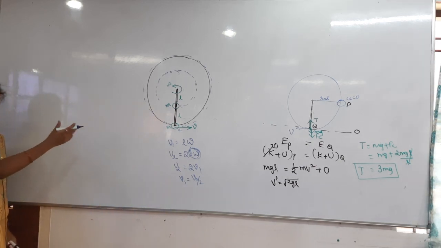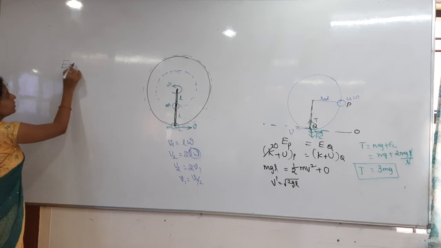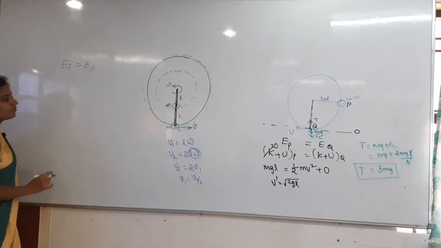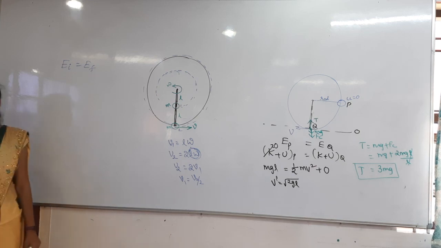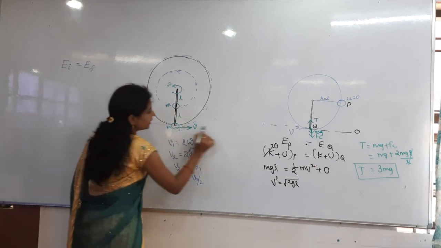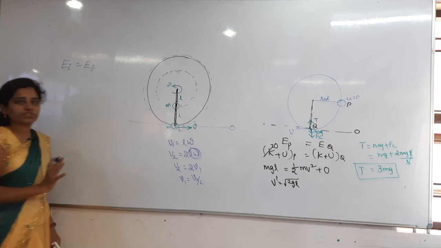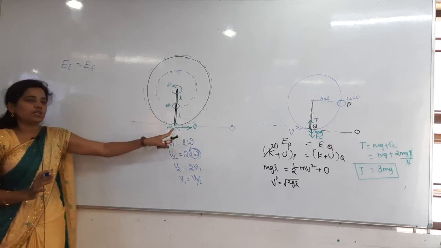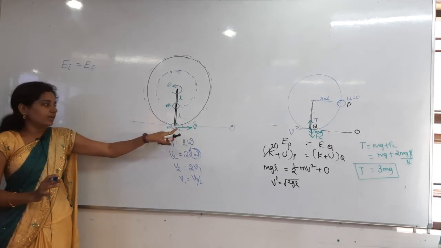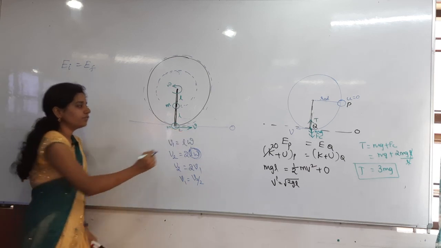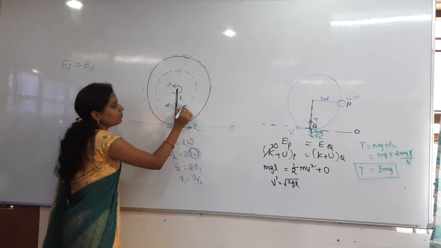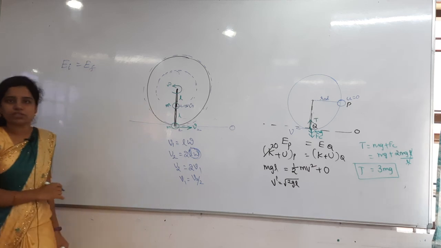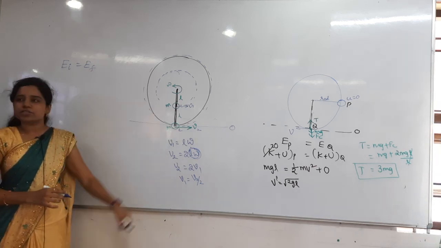Now everything is finished. Now we have to do the conservation of energy. So energy initial is equal to energy final. Energy initial for two bodies you have to take. This is the 0 level I will take. Observe properly, in this also confusion will be there. So here this is the 0 level I have taken. Before that it was having how much velocity? V2 velocity. It is having how much velocity? V1 velocity. So both are having kinetic energies or not?